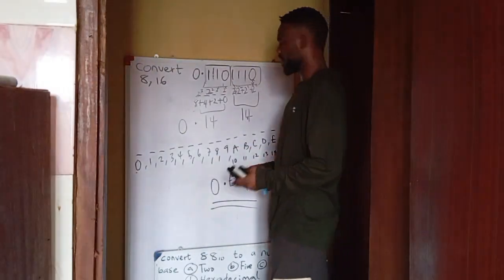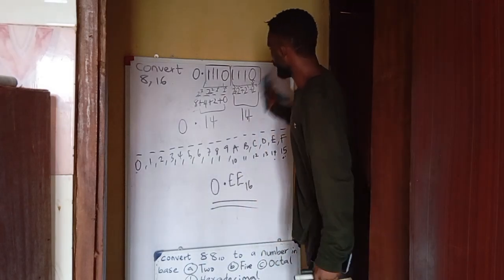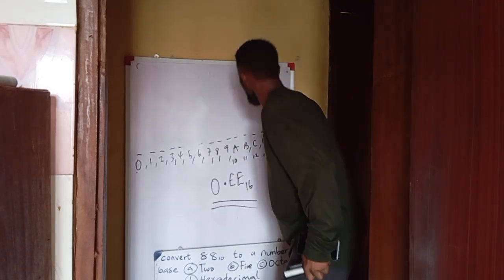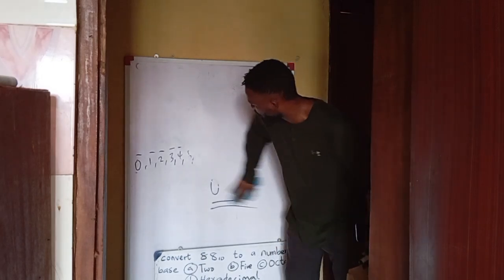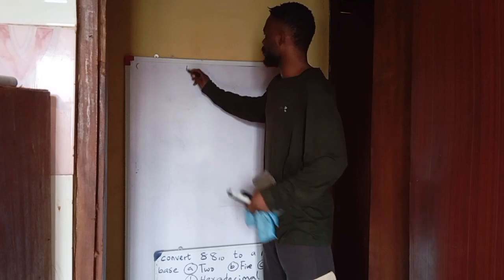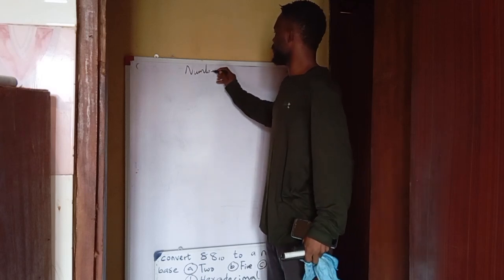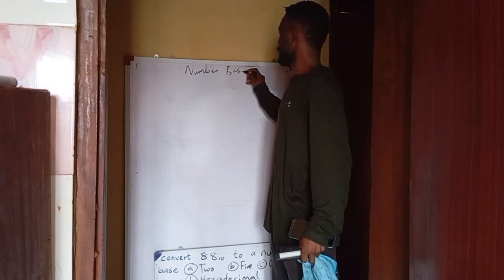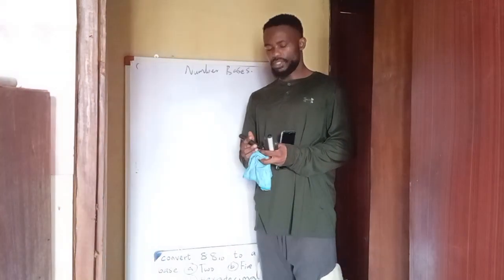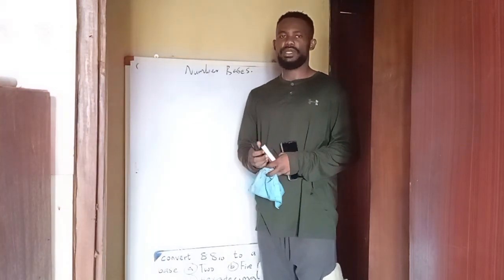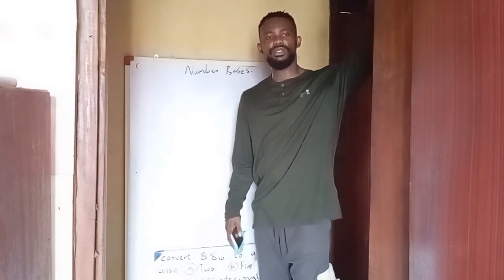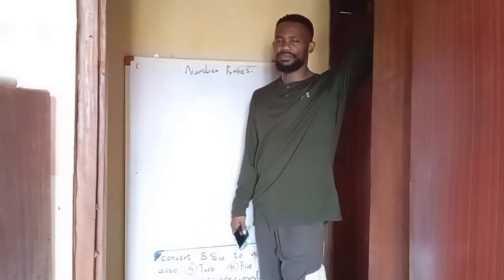Alright. So with that said, I have other questions that I want us to look at still under number bases. I told you that number base is a way of counting numbers, a type of natural number system.